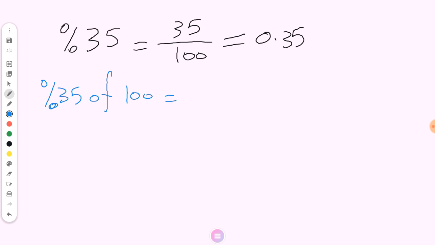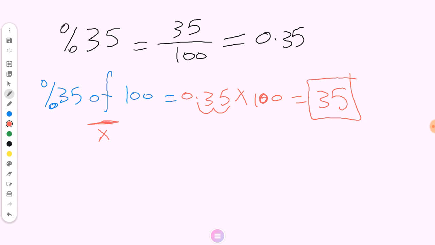I have to multiply. So 0.35 multiply 100, so we have to move the point two places. So it will be 35. Okay, so the 35% of 100 is 35.